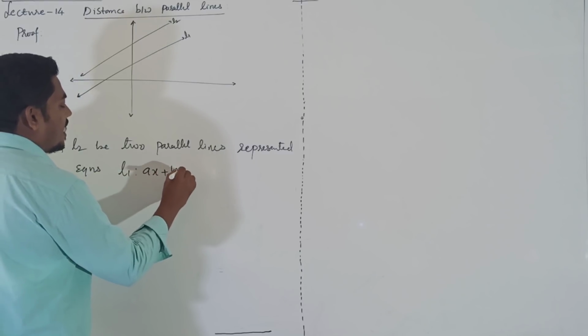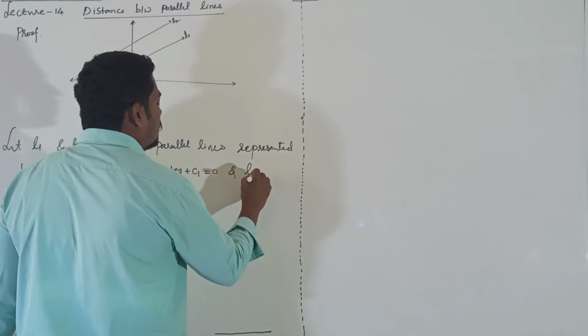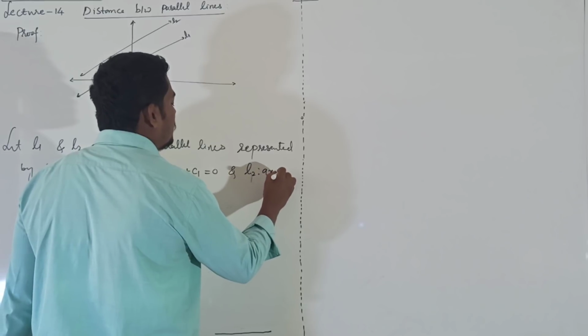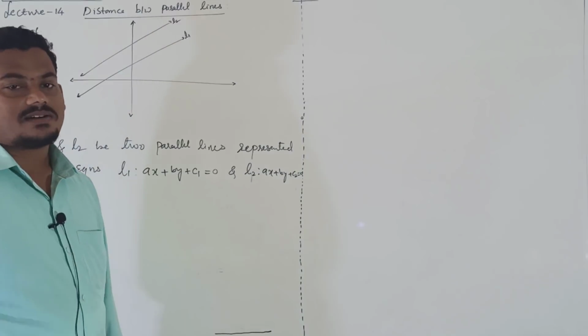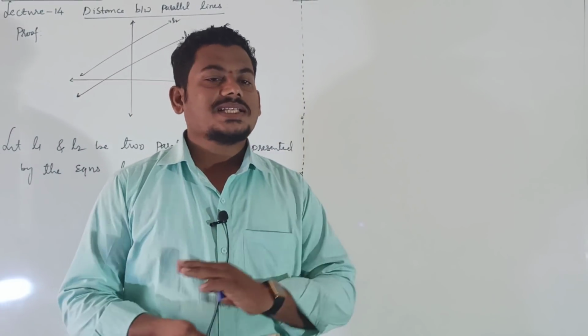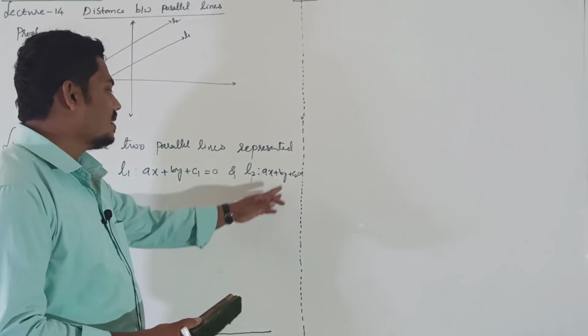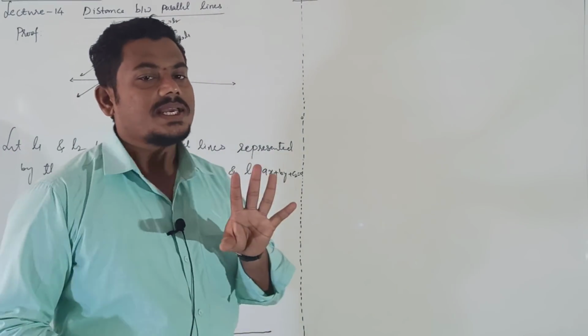Ax plus By plus C1 equal to 0, and L2: Ax plus By plus C2 equal to 0. They differ in the constant term. The coefficients must be the same, but these two constant terms should not be the same.